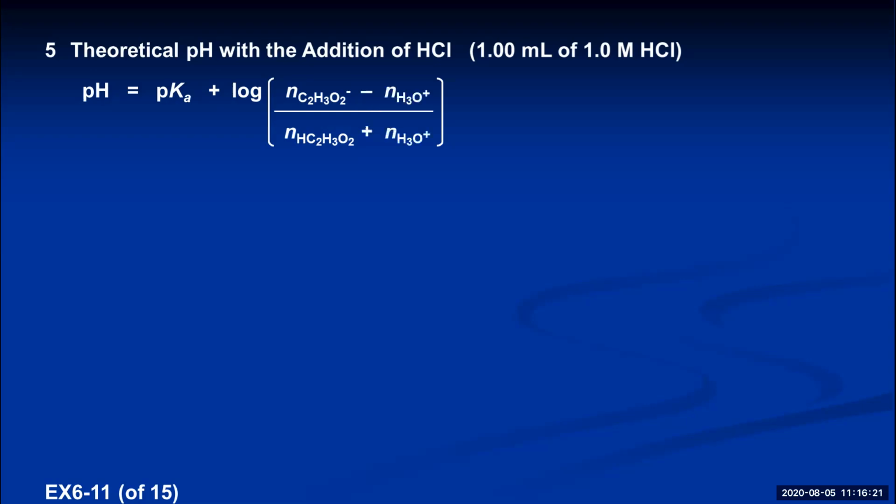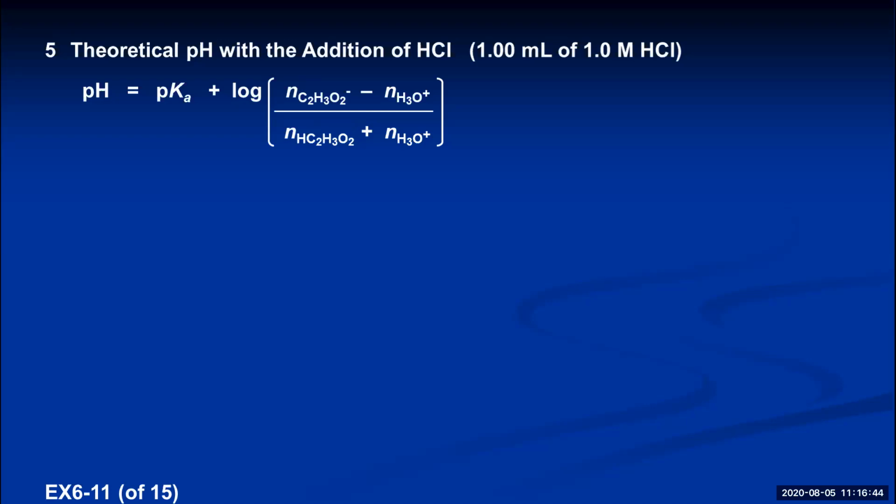So on the bottom, it's going to be plus the moles of the acid we've added. In the equation, the pKa is 4.745. In the numerator, the moles of the acetate ions are 0.00500. The moles of the hydronium ions that are reacting it away are 0.00100. Denominator, moles of hydronium ions, 0.00100.